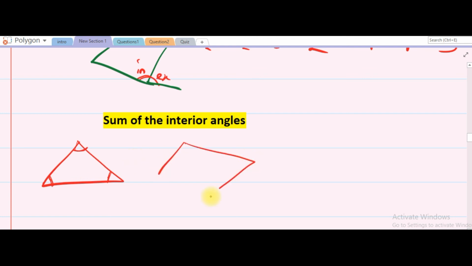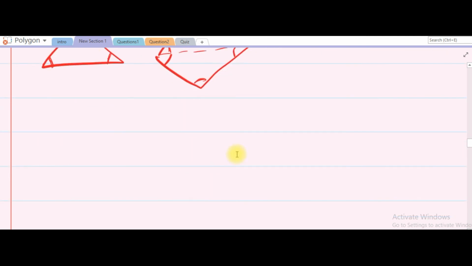If we have a quadrilateral, we have two non-intersecting triangles in it, so two triangles inside. This is 180, while this is 2 times 180, which is 360.